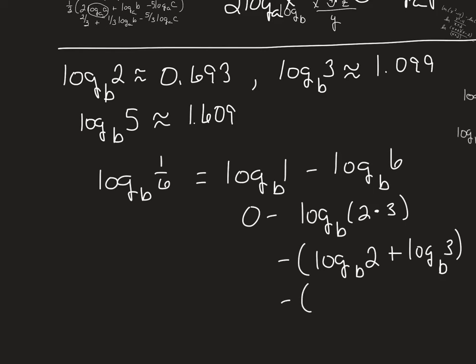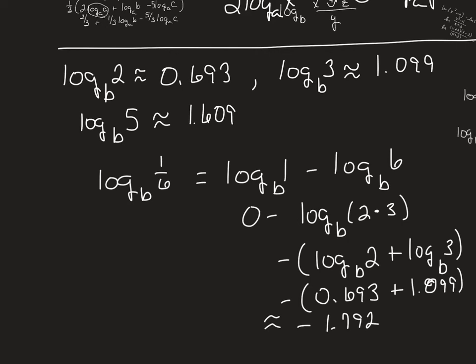And we can just plug in our values, 0.693 plus 1.099. And we should get a negative 1.792. That's the approximate value.